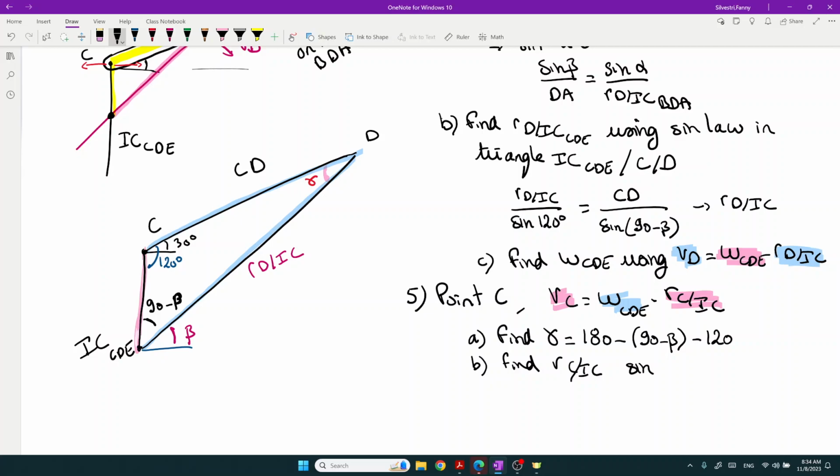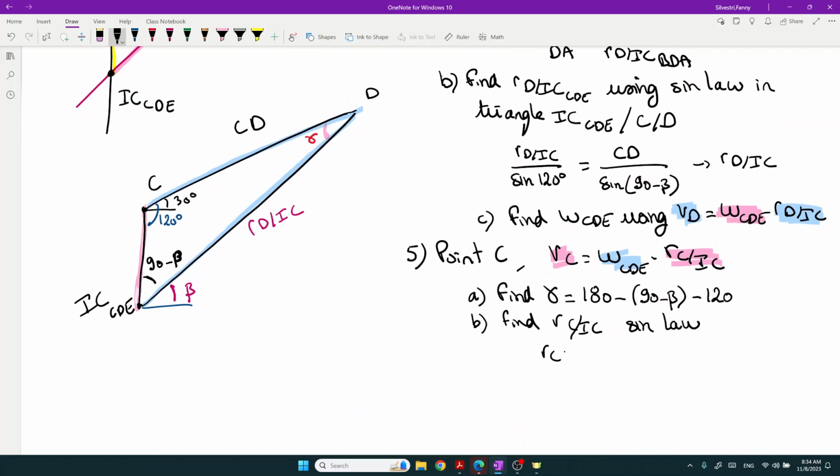So that will be something like RC about IC divided by the opposite angle, sine gamma, equals CD divided by sine of 90 minus beta. And with that, you find RC about IC. So now RC about IC, it's blue, it's a known value. And let's make it blue.